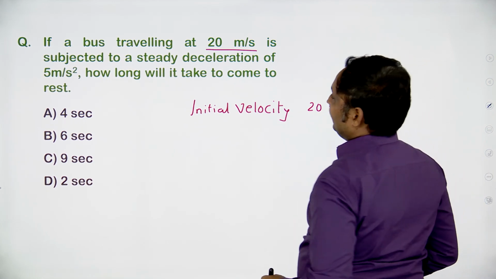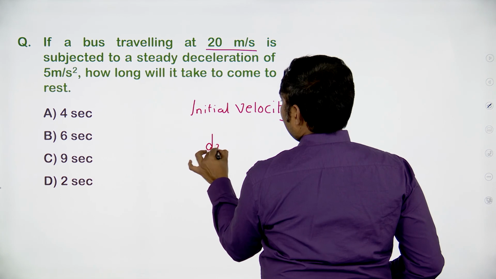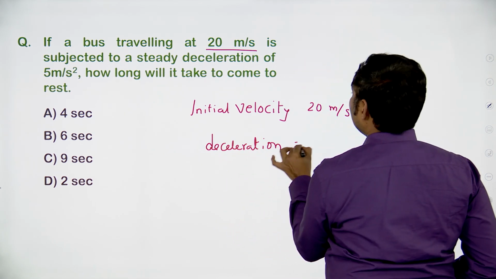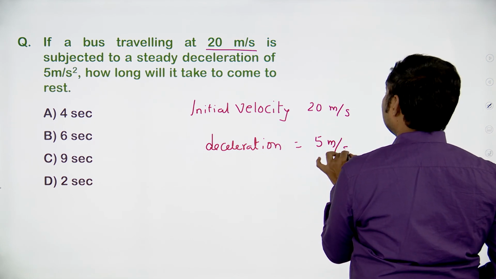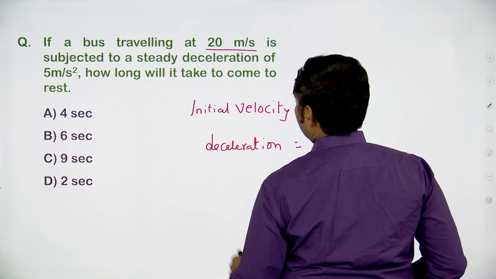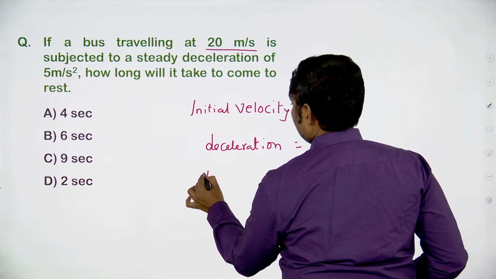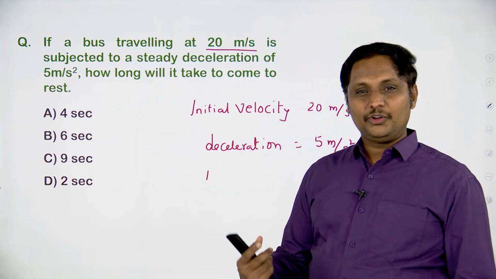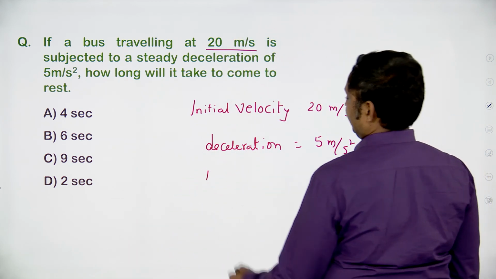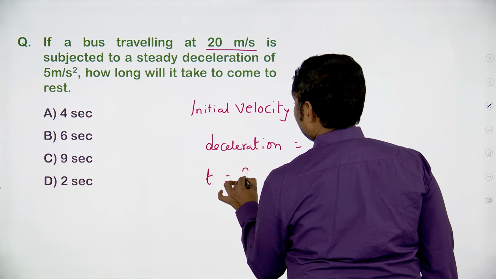What about the deceleration? It's going to be 5 meter per second square. How long will it take to come to rest? That is the time taken by the bus to reach zero velocity. That is T is equal to question mark.